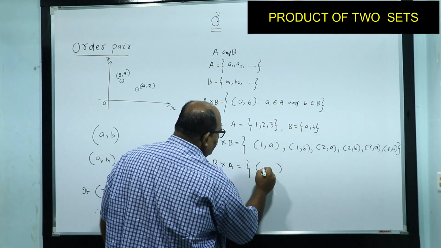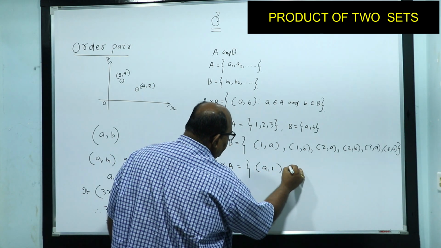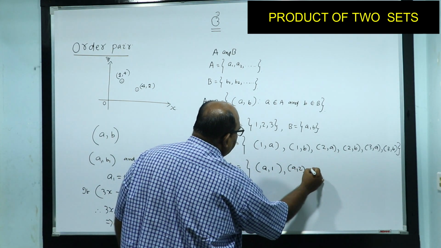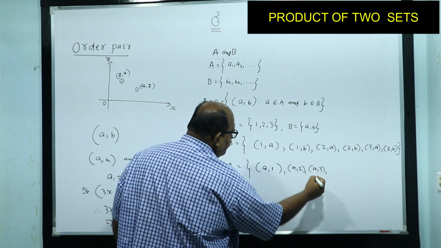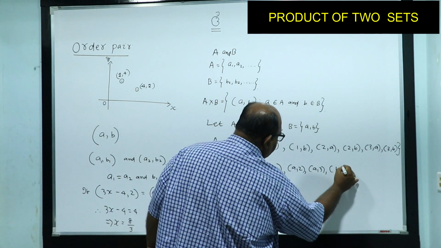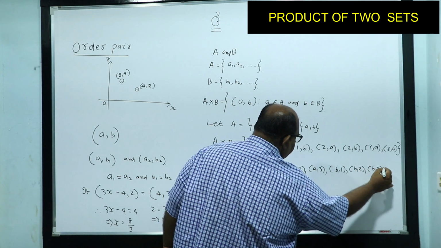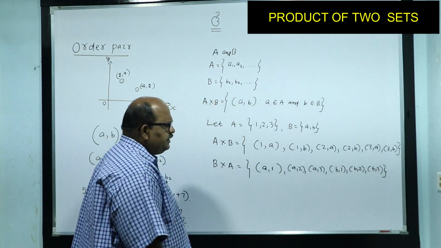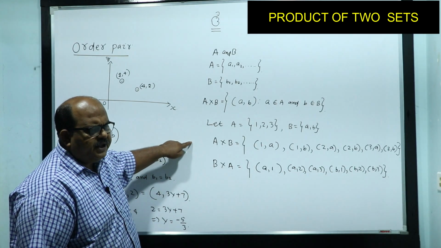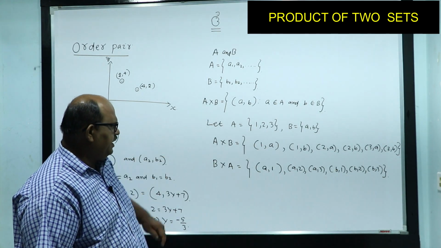We will get (a, 1), (a, 2), (a, 3), (b, 1), (b, 2), (b, 3). Okay? This is how we obtained A into B and B into A.